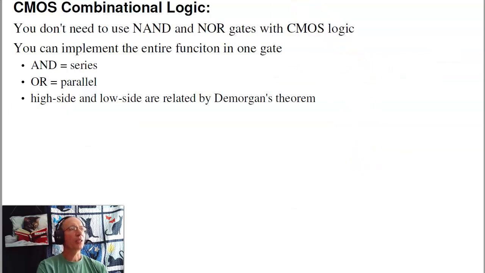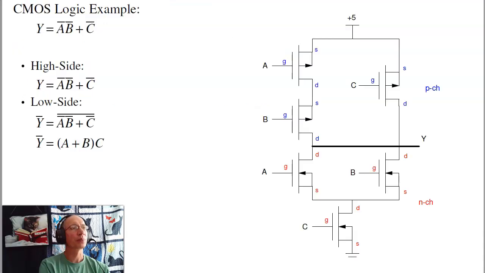The cute thing about CMOS technology is you don't really have to use NAND gates or NOR gates. You can actually implement logic in a single shot. Just have to note that AND means series, OR means parallel, and the high side and low side are related by De Morgan's theorem. So for example, suppose I want to build Y is A bar, B bar, or C bar.